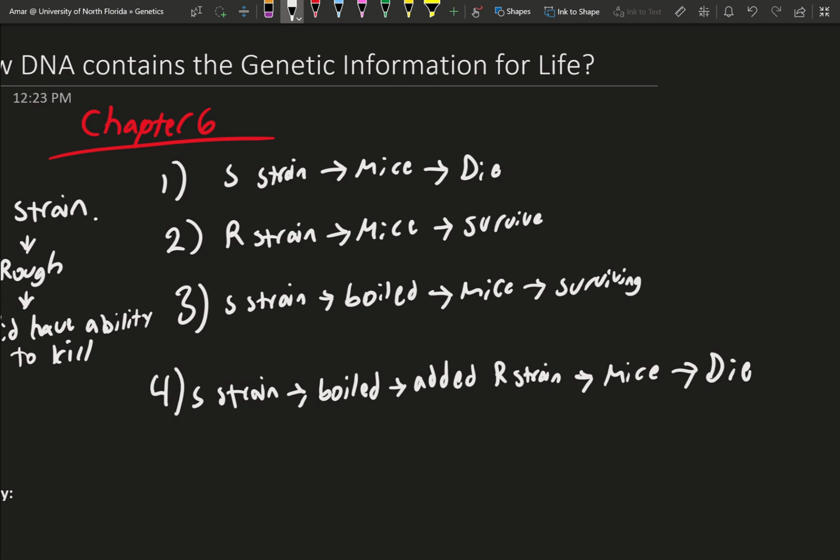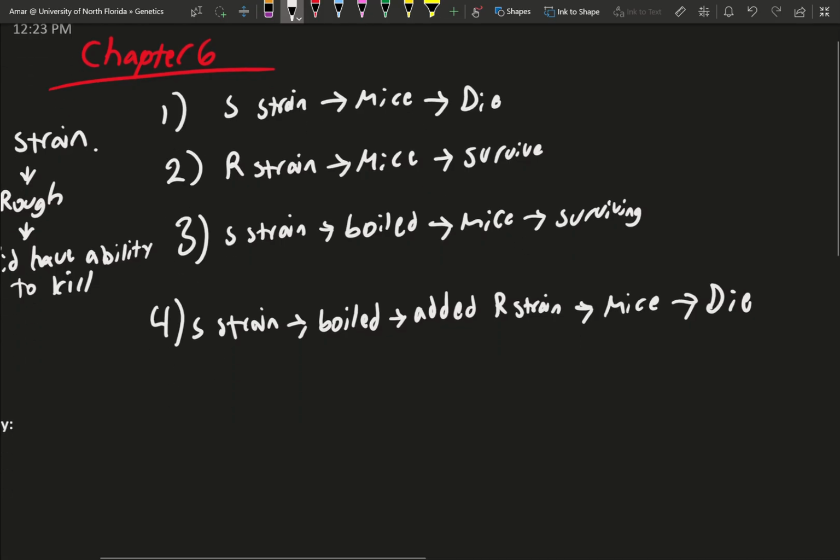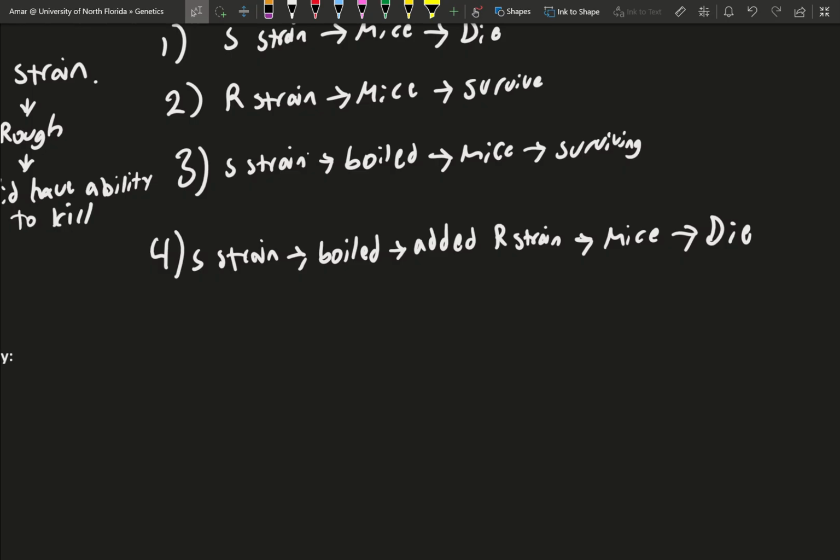So what happened here was that Griffith took the mice, took their samples, and grew them out on an agar plate to see what happened to these R strain bacteria. And these R strain bacteria all ended up looking like a smooth strain bacteria.